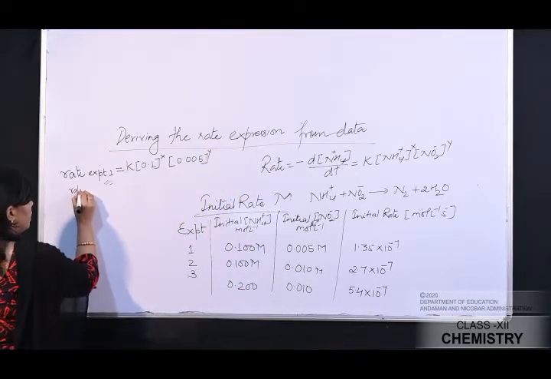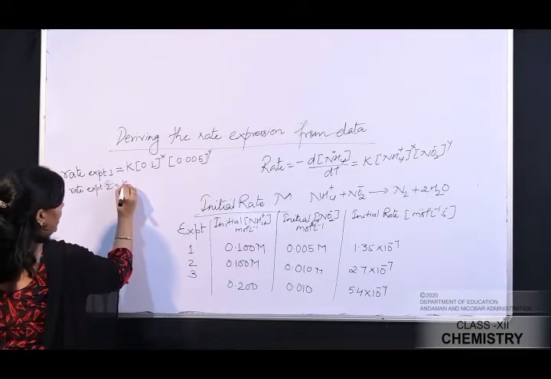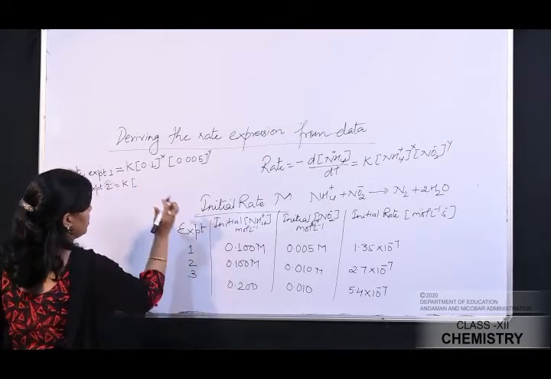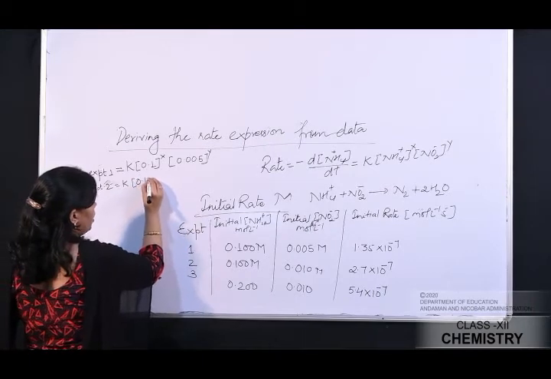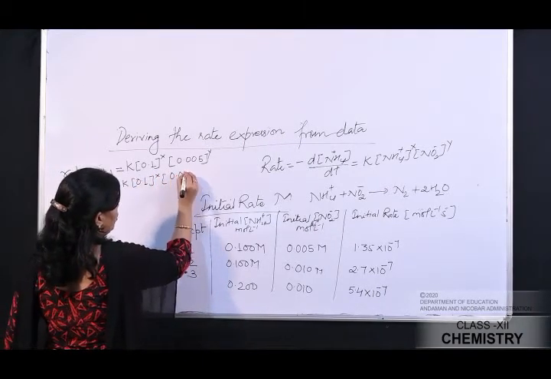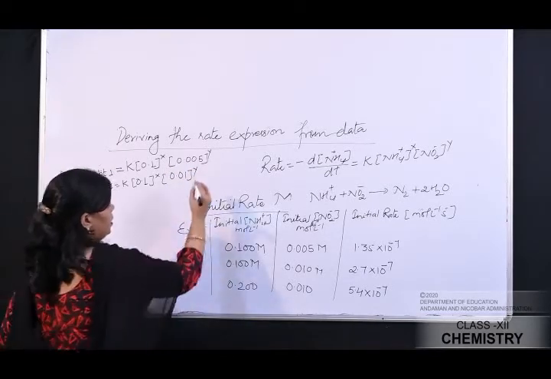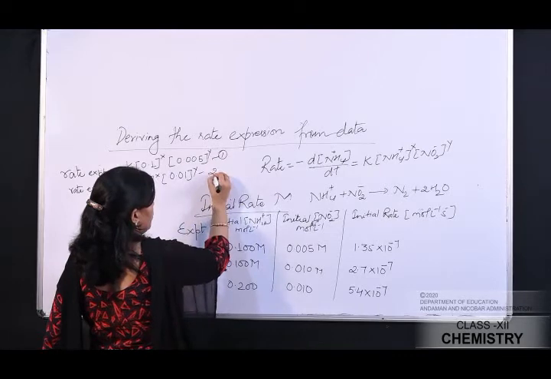Similarly, the rate for experiment 2 is equal to k, 0.1 power x, and 0.01 power y. So this is equation 1 and this is equation 2.